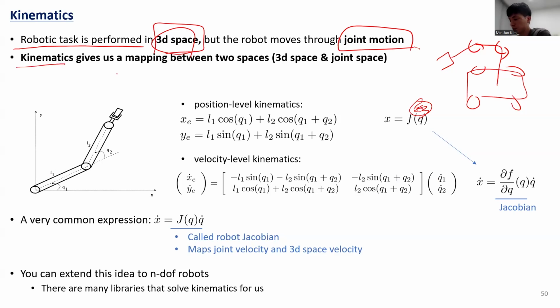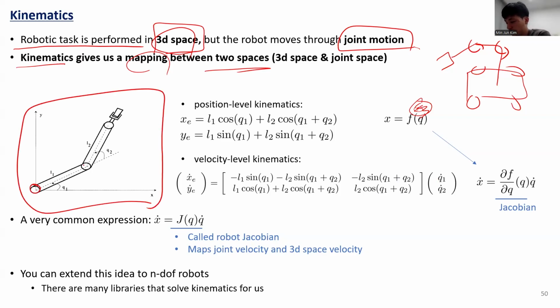So kinematics gives us a mapping between two different spaces. The two different spaces are 3D space and joint space. So this two-joint manipulator gives us a very simple, nice example. Here the first joint angle is given by Q1 and the second joint angle is given by Q2, let's say, okay?